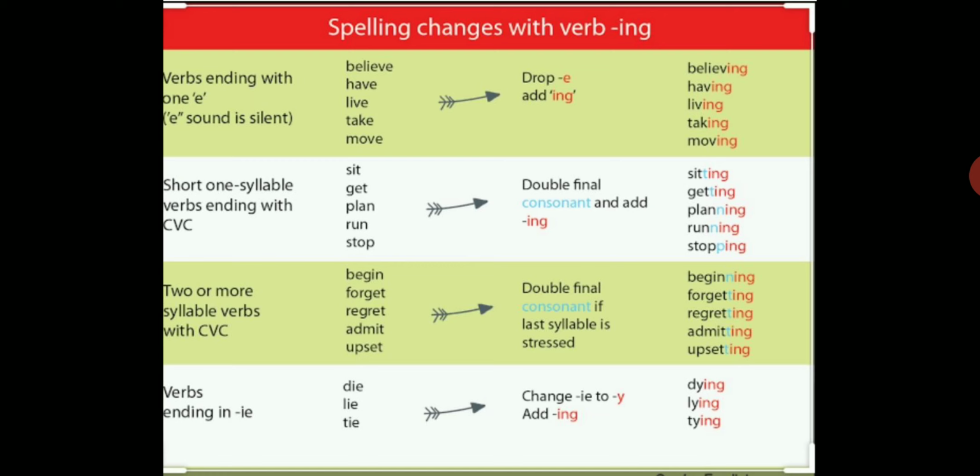And when there are two or more syllables in the verb, then what can we do? Same. We double the final letter. Yes, final means last letter, and add ing. But we have to stress the final syllable of the verb, meaning the second syllable of the verb.